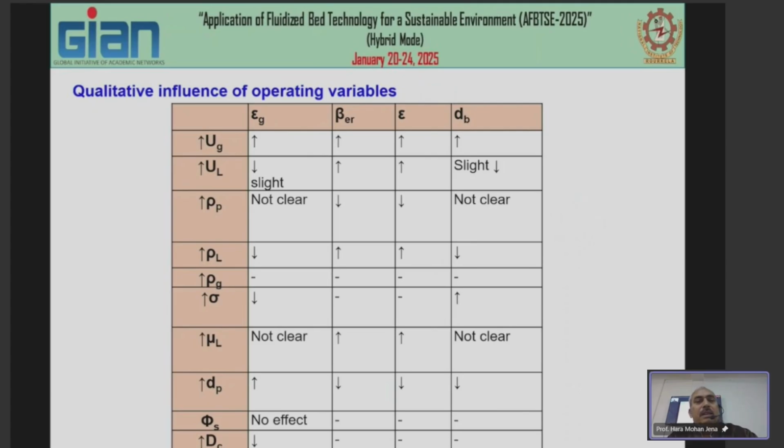The qualitative influence of different operating variables. So what are the operating variables?